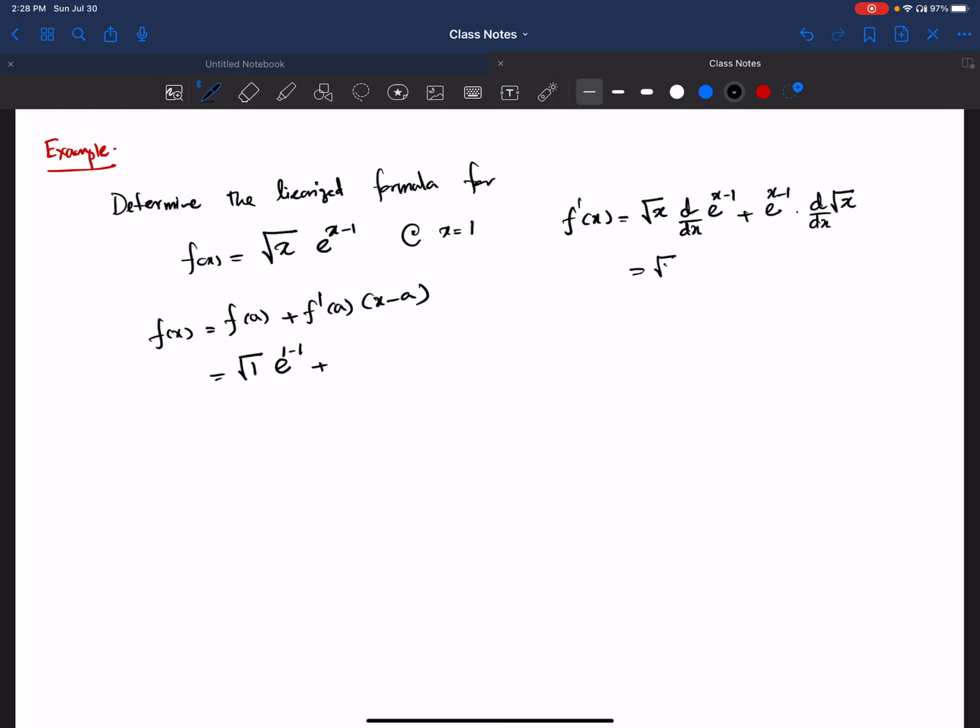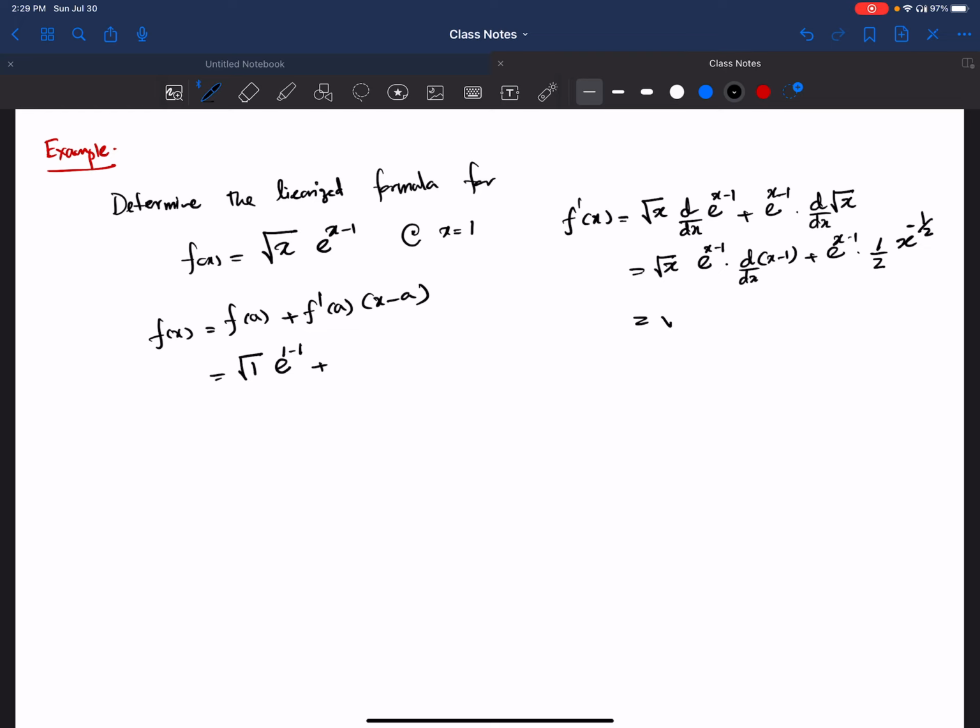So this is square root of x times e to the power x minus 1 times 1, plus e to the power x minus 1 times half x to the power minus half, right?